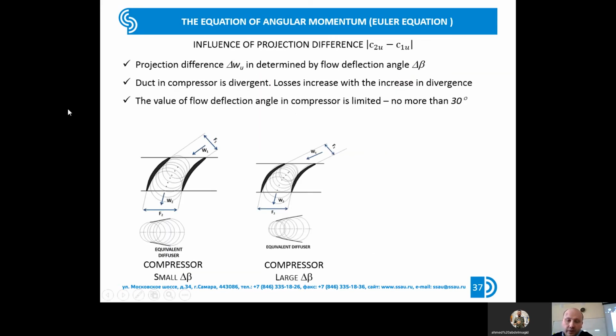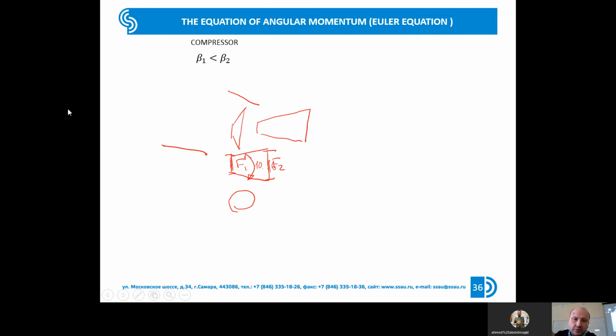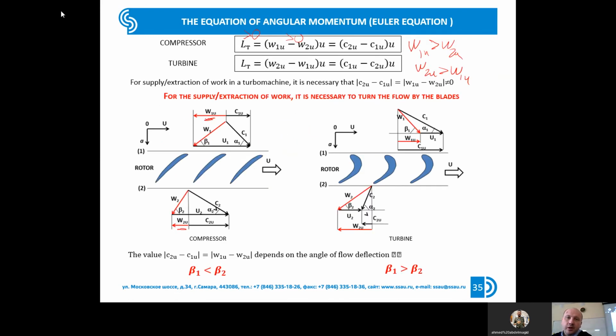So, if we return back to a few minutes ago, you could see that the difference between W1U and W2U will depend on the difference between beta 1 and beta 2.